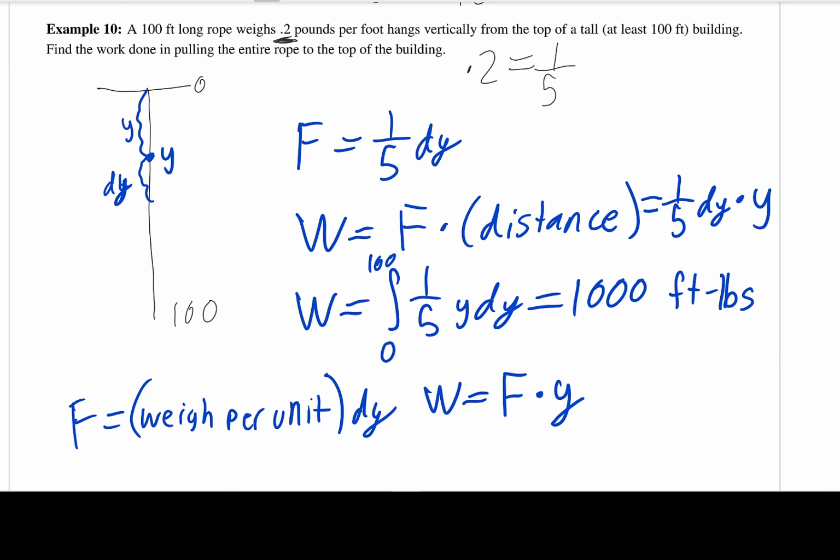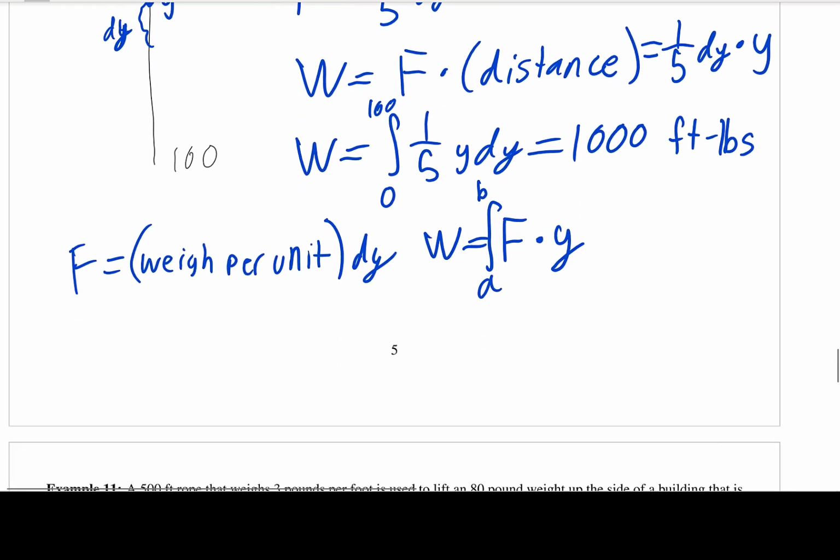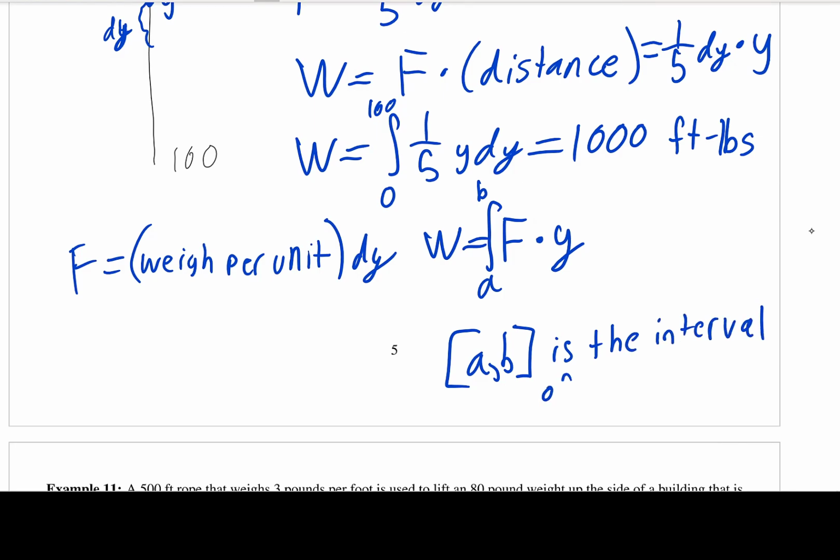And then we integrate from A to B, where A to B is the interval of the rope hanging off the building. Okay.